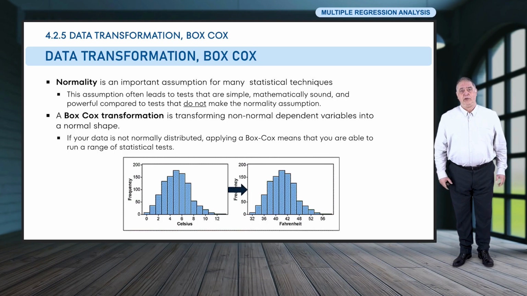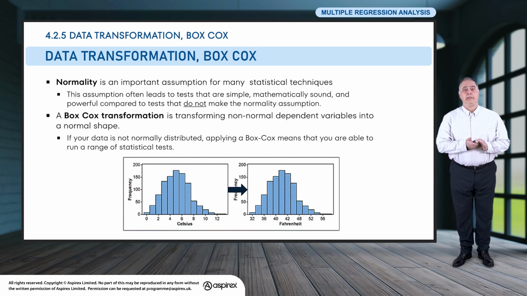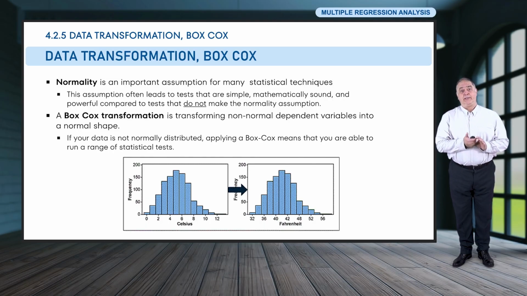Before I continue, let me give you a little bit of perspective. You may remember that the normal distribution in statistics and in Lean Six Sigma is the most widely used and most useful distribution that we have come across.